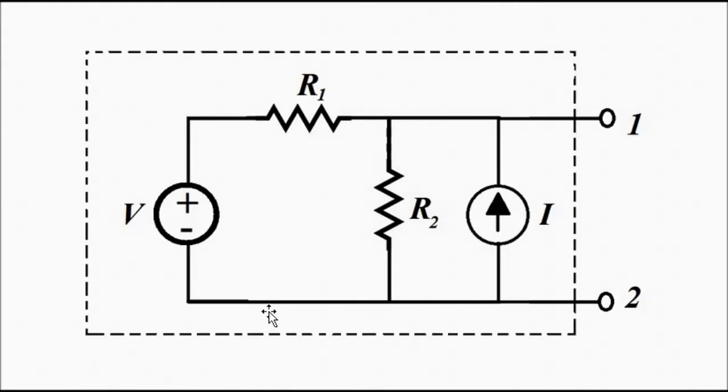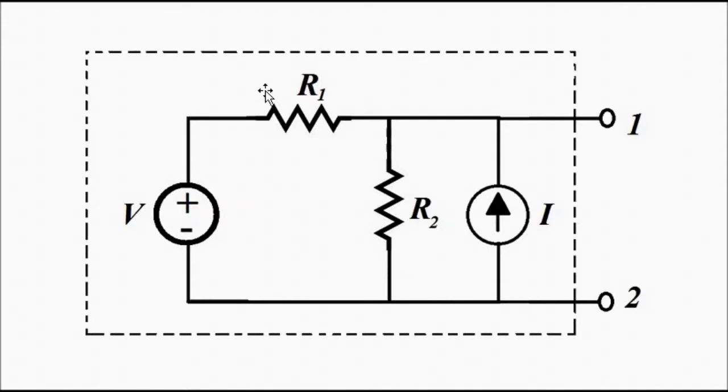For that we have to pick two terminals, 2 points across which we want to determine the Thevenin equivalent. Suppose we pick these 2 points across the independent current source. Across these 2 points, 1 and 2, we have to determine the Thevenin equivalent circuit.